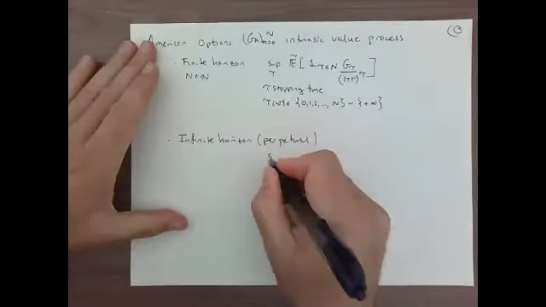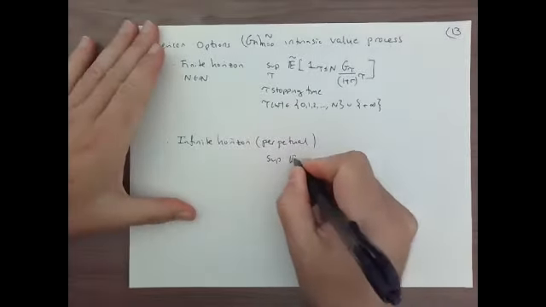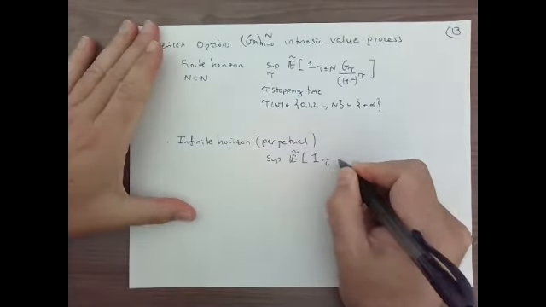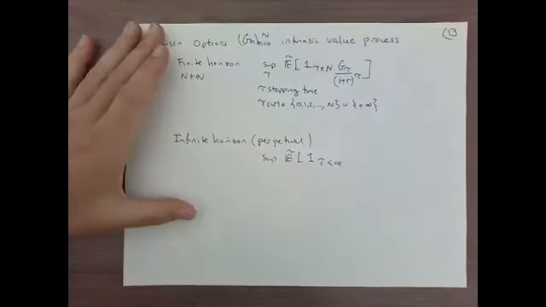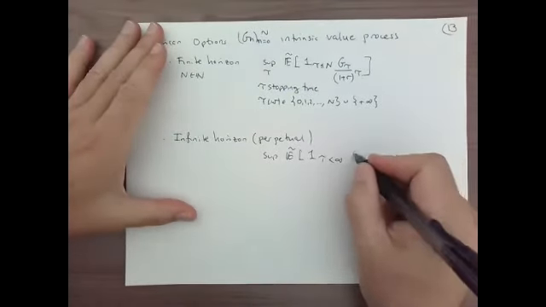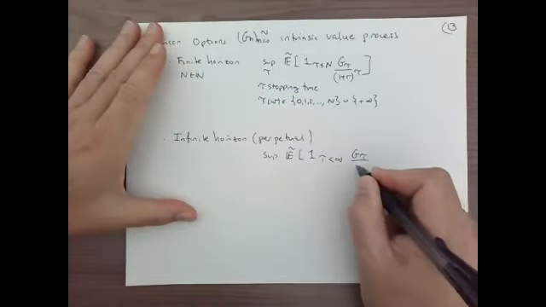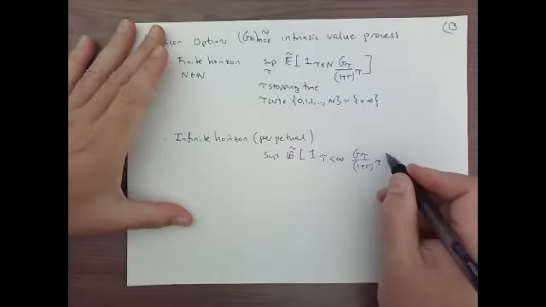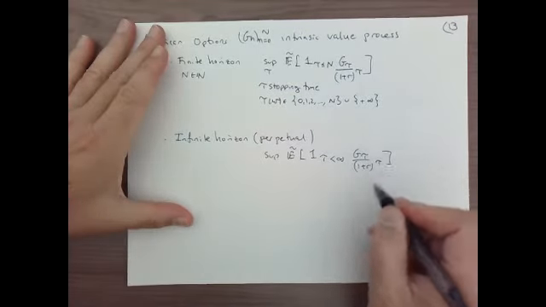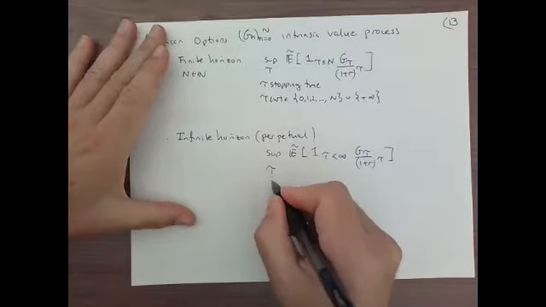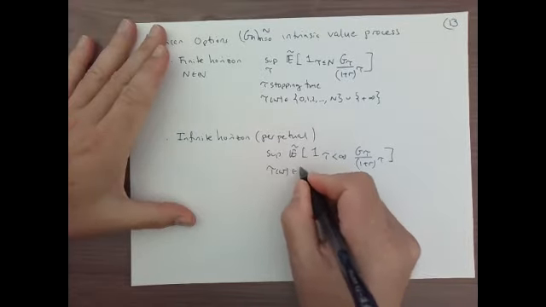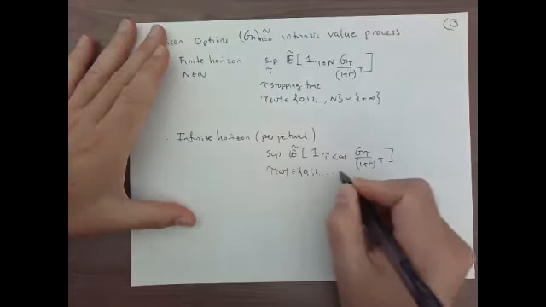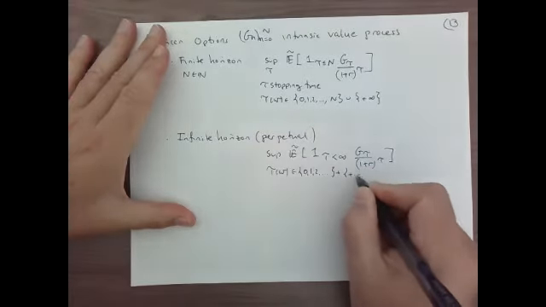So here we're looking at a supremum over tau less than infinity of G tau over 1 plus r to the tau. And now tau is a stopping time, and it takes values all the way up, and it can also take the value plus infinity.